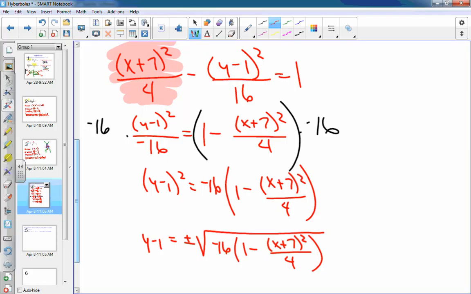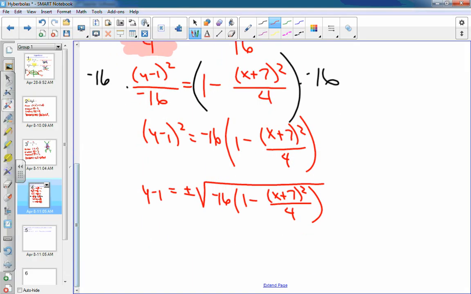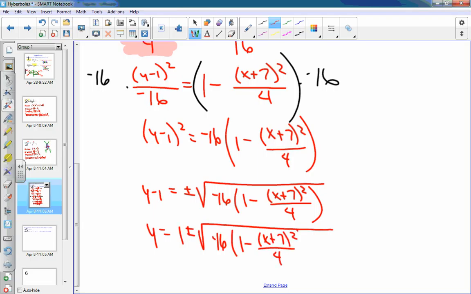Did you do that? Okay. How do I get rid of this power of 2? Okay, don't distribute. It makes it ugly. Okay, so now what? Add 1. So y is equal to 1 plus or minus the square root of negative 16 parentheses 1 minus x plus 7 squared all over 4, close.